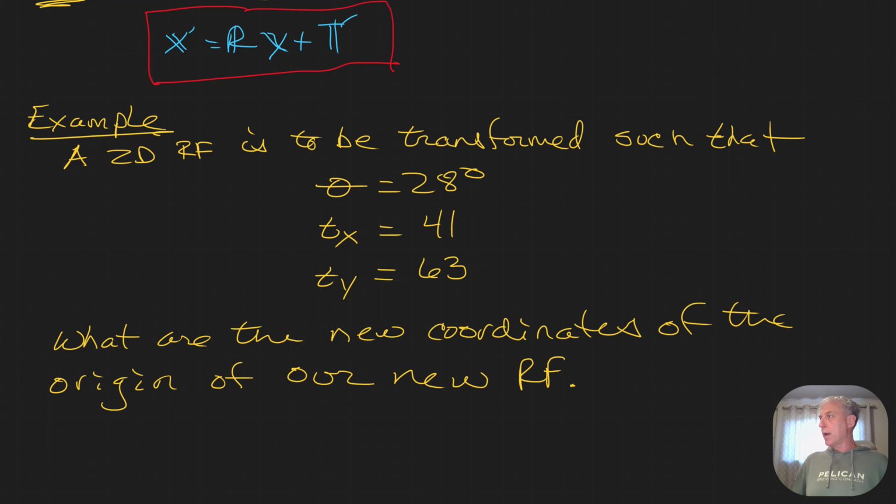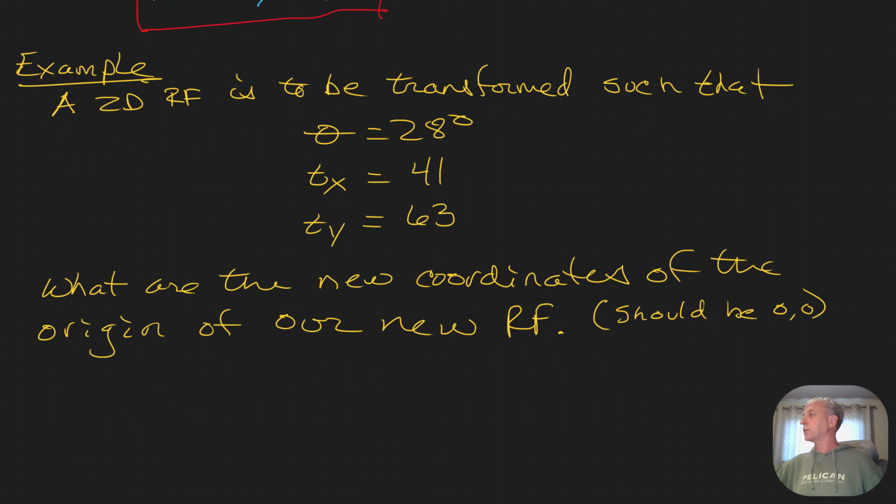And you say right away, hey, wait a second, I already know what the coordinates of the origin of our new reference frame will be. They'll be 0, 0, because the origin of a reference frame always has 0, 0 as its components. But let's check what we just did and find out if that's the case. It should be 0, 0. So let's try it out and see if we actually get that.